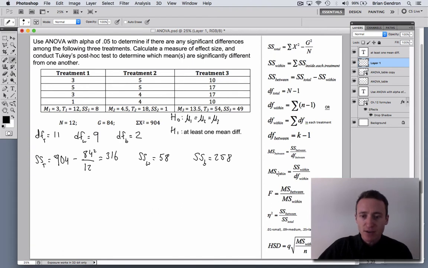So the next values are these MS values, which stands for mean squares. This is basically a measurement of how much variance is between groups, MS between, and how much variance is within groups, MS within. And so let's go ahead and calculate each. MS between is SS between divided by degrees of freedom between.